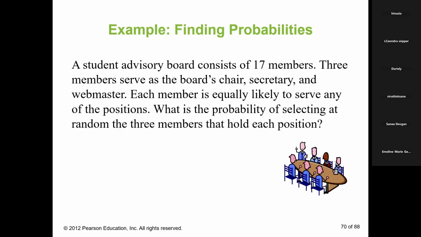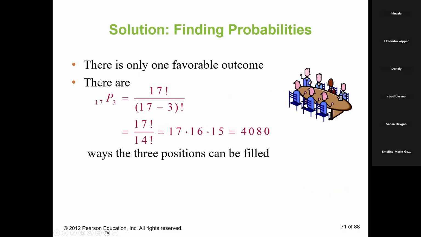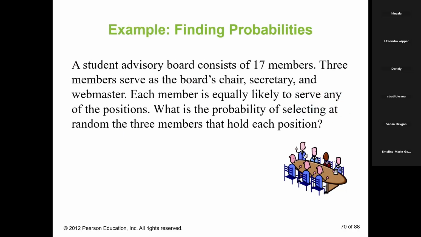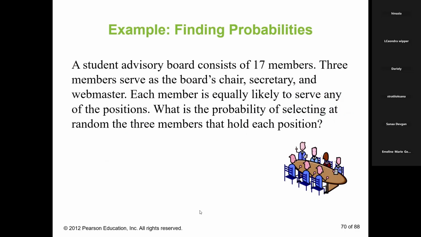Are we done? Okay. So there's only one favorable outcome here. We got 17 members, 3 members serve. So that's a permutation here. Why permutation?